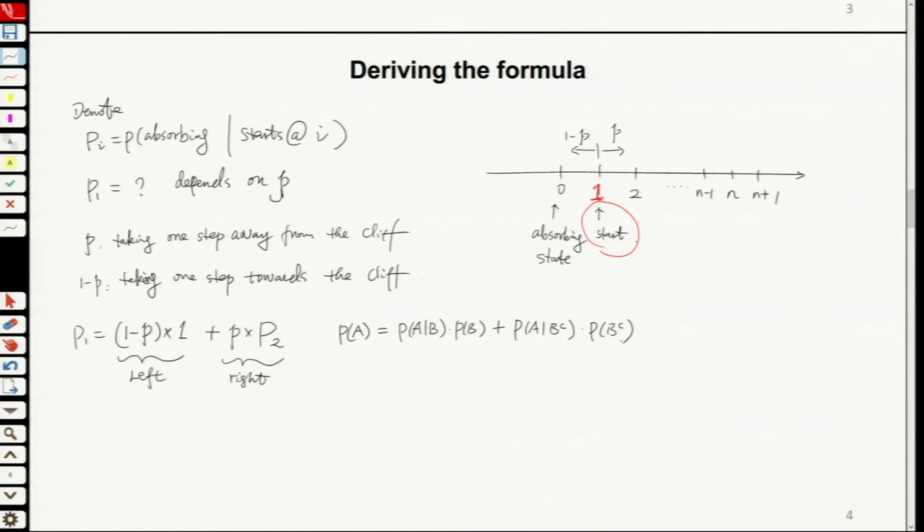But in order to solve for P1, now our question is, what is P1? If you can see, what is P1? We want to get P1. So how do we get P1? Obviously, if we know P2, we get P1 immediately, right? But obviously, we need to solve for P2.